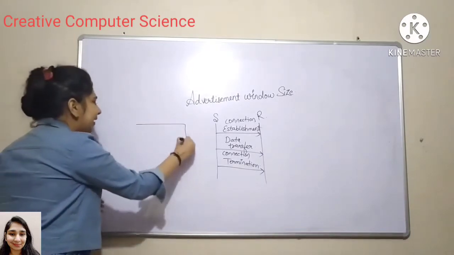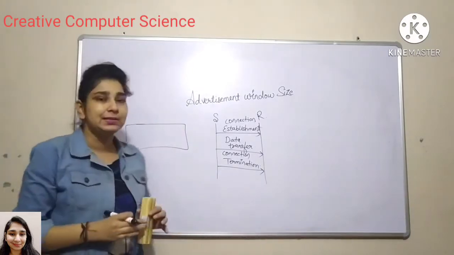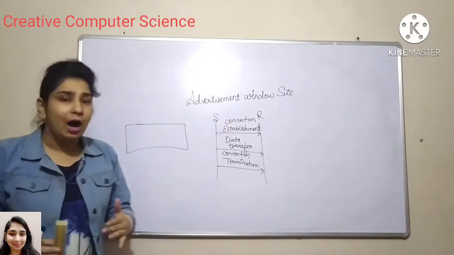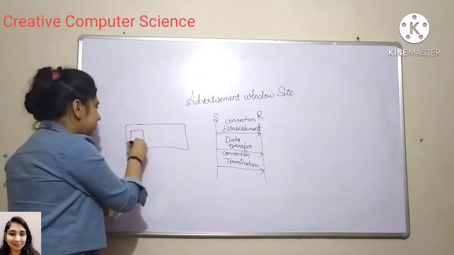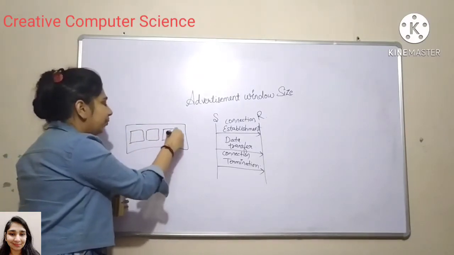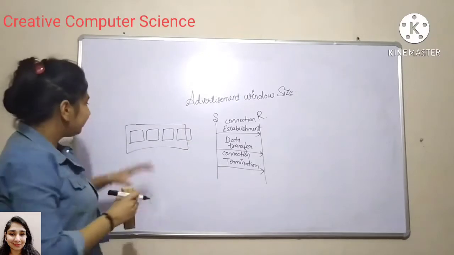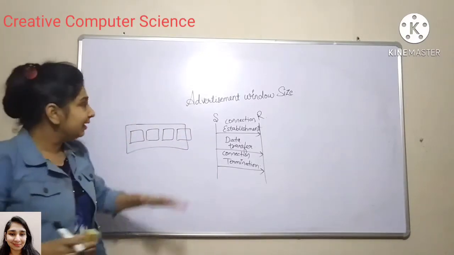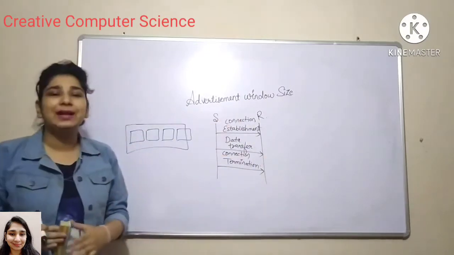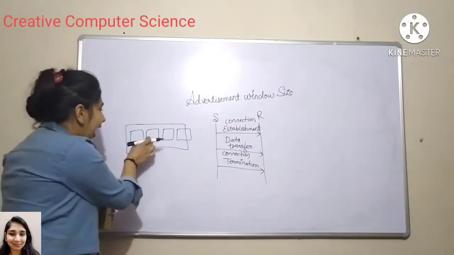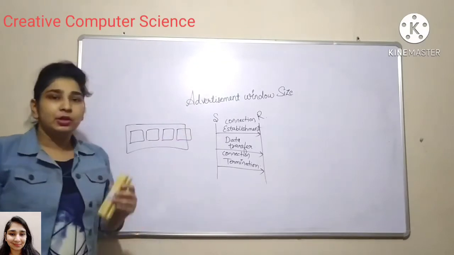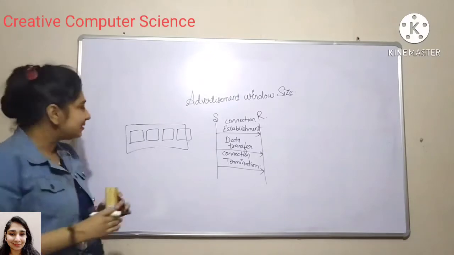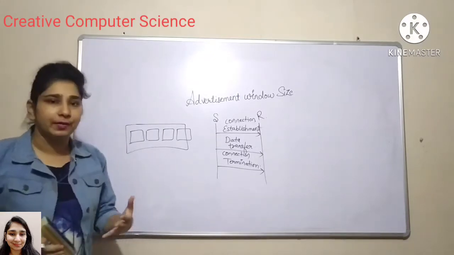What does advertisement window size mean? It means how many segments your sender can store in its buffer. That is basically our advertisement window size. This is actually a kind of buffer.